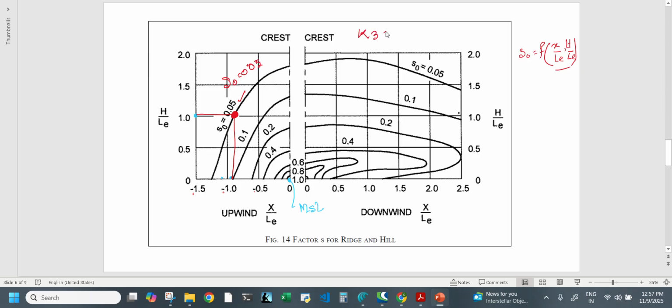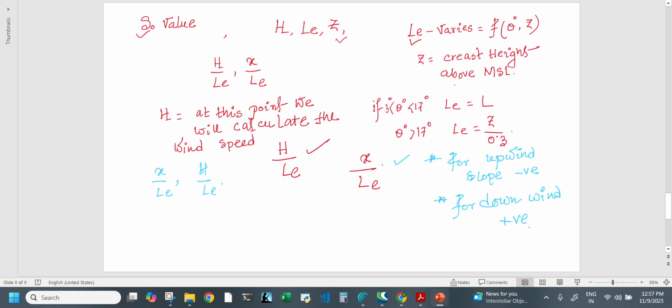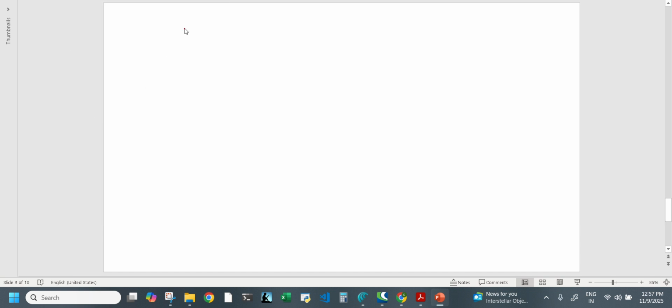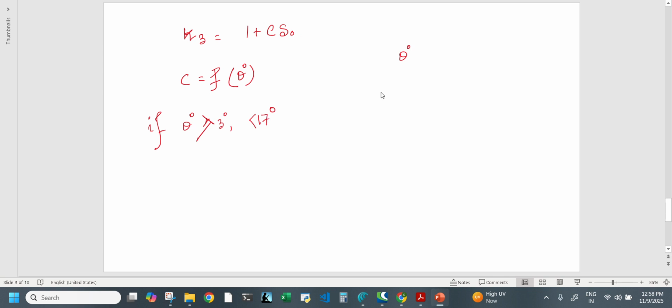Now K3 is equal to 1 plus CS0, and C value is actually a function of theta degree.